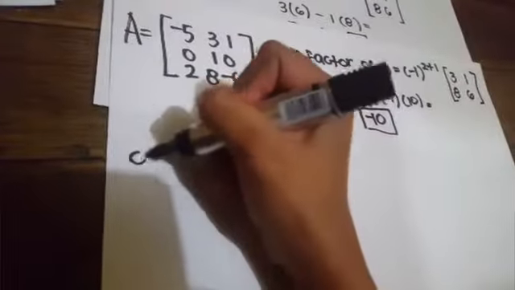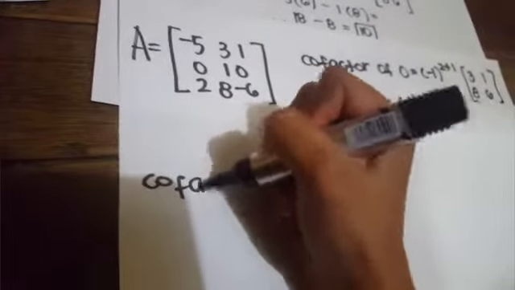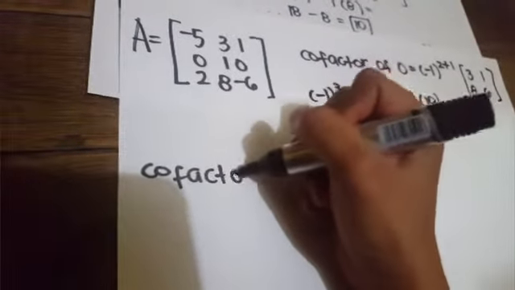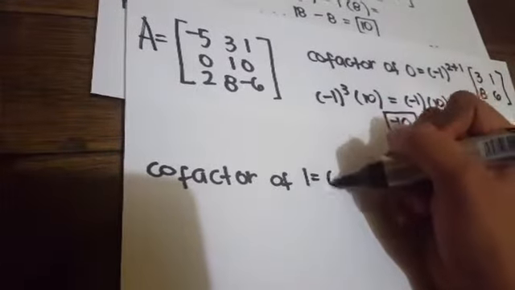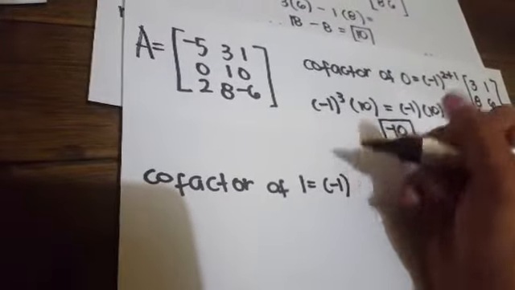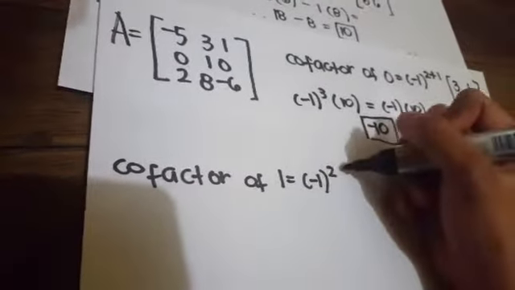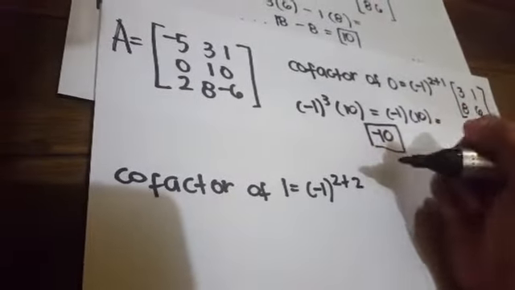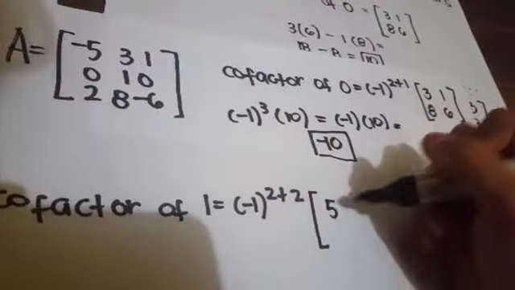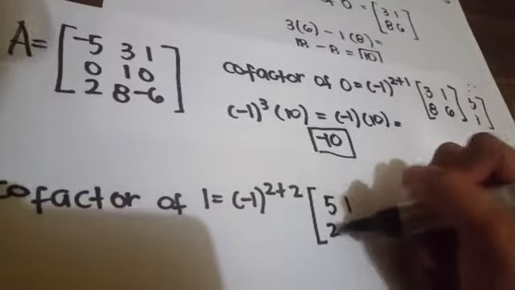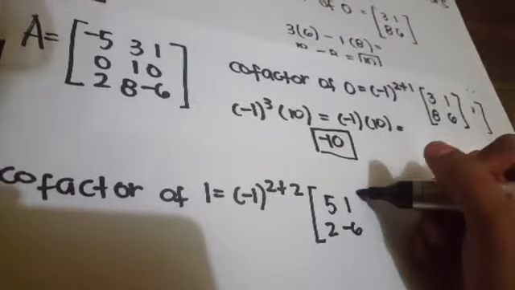For the cofactor of 1, negative 1 raised to 2 plus 2, for the row and the column, multiplied by the minor, 5, 1, 2, negative 6.